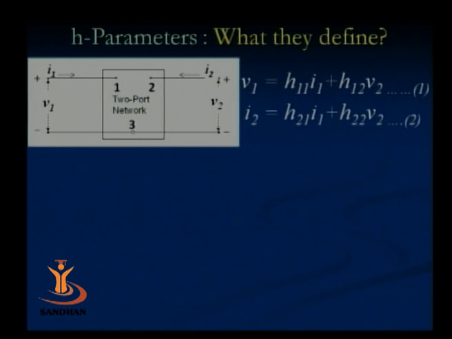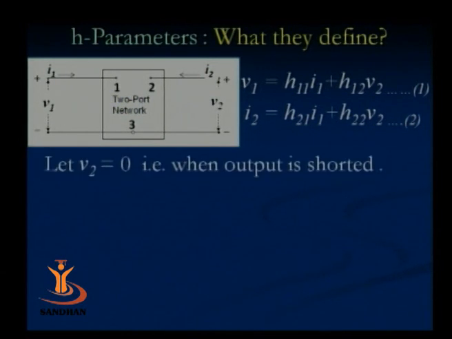Now what do they actually define? If you look at equation 1 and equation 2, we have all these 4 parameters for a 2-port system. What does H11 define for a 2-port network? Let us find out. For the moment, consider that the voltage V2 in this two-port network is 0. That is, the output voltage is 0. When V2 equals 0, it means we are short circuiting the output terminals.